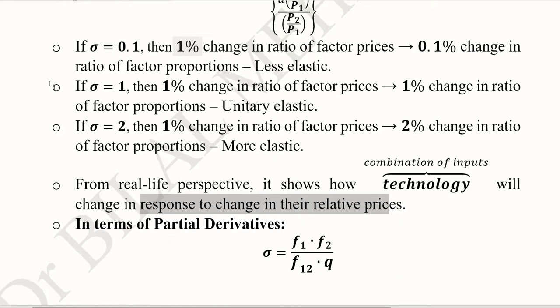Now, in terms of partial derivatives, we can represent the same thing, that is the elasticity of substitution represented by sigma, as this. F1 is the derivative of the production function with respect to the first input, that is V1, multiplied by the derivative of the production function with respect to V2, that is the second input, and then the cross partial derivative of the production function with respect to V1 and V2, and its product with the actual production function.